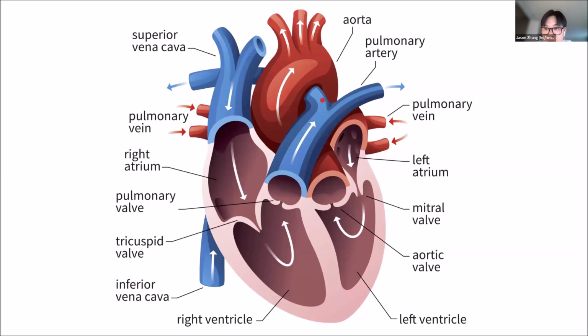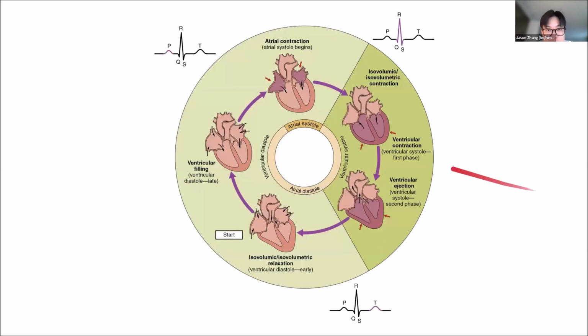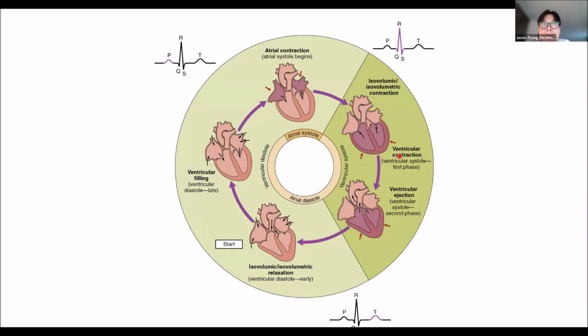Okay, so hopefully you know what this is, and hopefully you know that there are 4 chambers of the heart. So I'm not going to go through this. But generally, I think it's good to just review the cardiac cycle. So we know that there's atrial systole and ventricular systole.